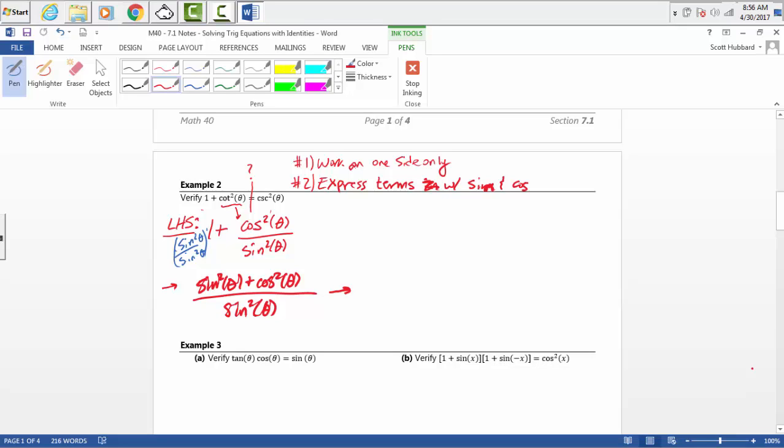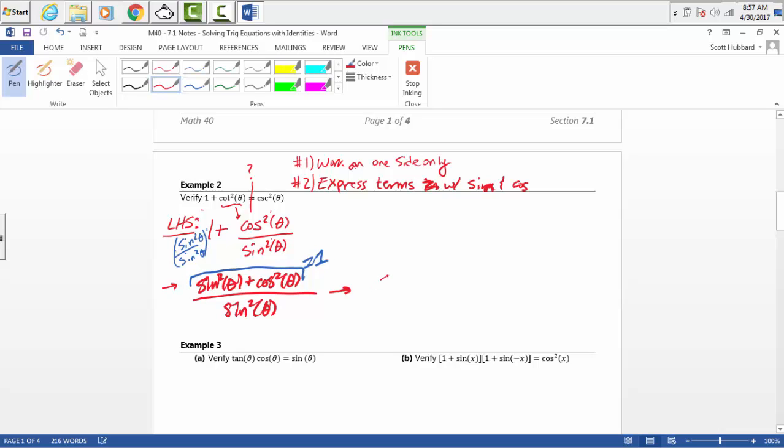But anyway, all I did here was, first step again, I replaced cotangent with cosine over sine squared, and then I got a common denominator. That was just some algebra, getting the denominator. And then I just wrote out what the fraction is. But now check it out. I have sine squared plus cosine squared. Hey, we know that is equal to 1. That's the Pythagorean identity.